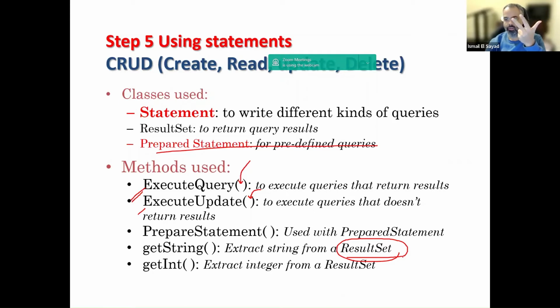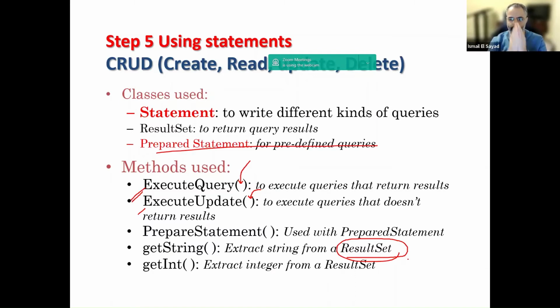And the result set will return the result for us, using an object from this class. The values will be part of this result object.